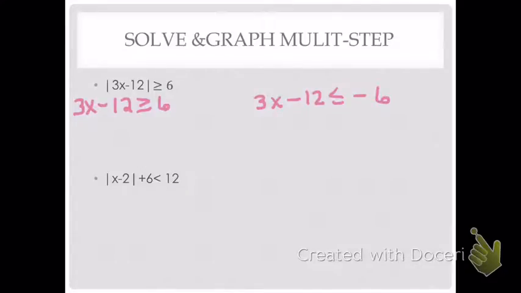Solve each one individually. We're going to add 12. Divide both sides by 3. It's not a negative, so we can keep the sign as is. Greater than 6.